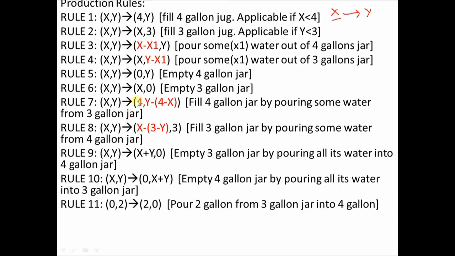Now x comma y are the initial values, where x is some amount of water in the 4-gallon jar, and y is some amount of water in the 3-gallon jar. What we are doing here is pouring some water from the 3-gallon jar onto the 4-gallon jar. After the water is transferred, the 4-gallon jar is filled to its fullest capacity. So it is 4 now here, whatever the original amount was, right?